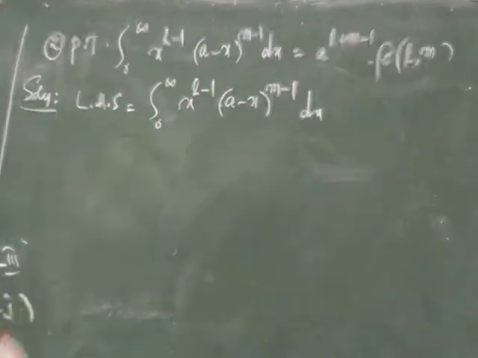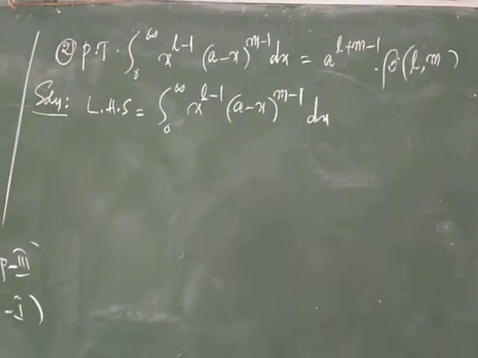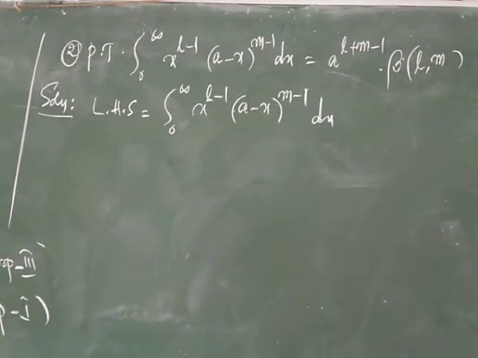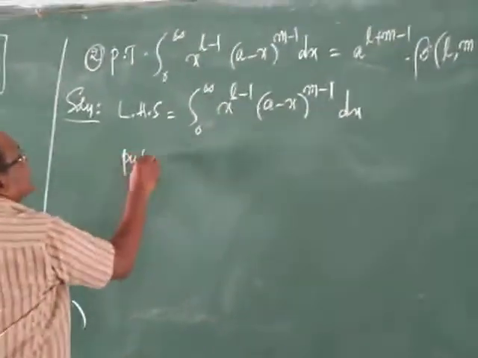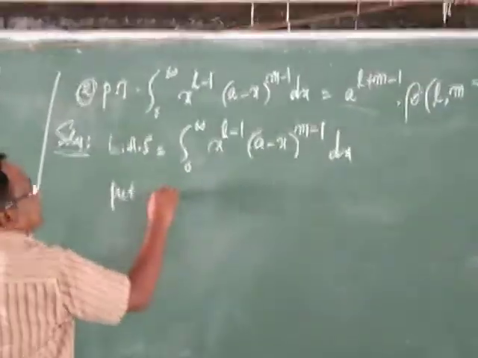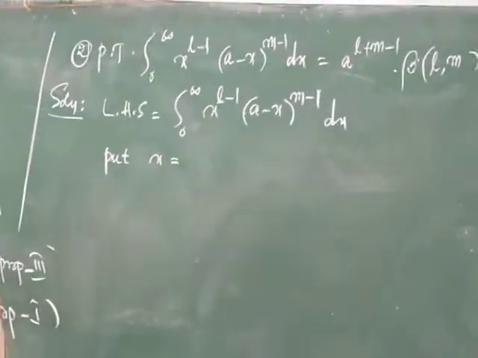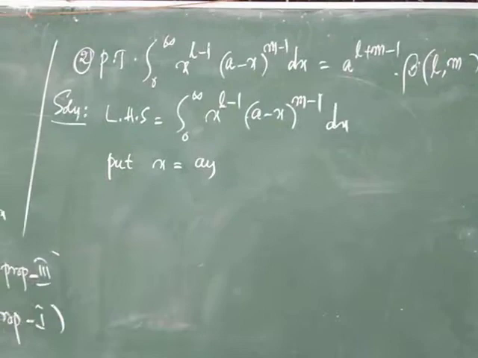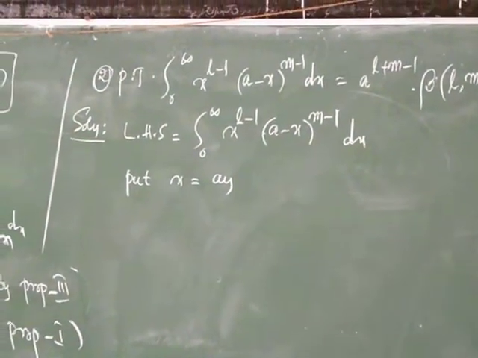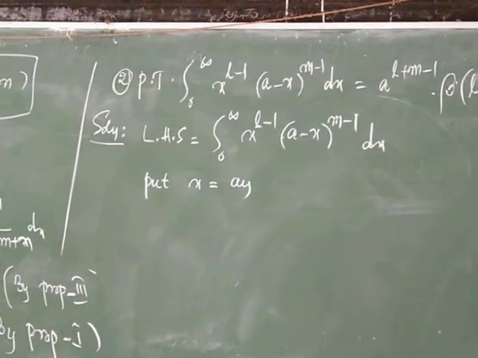And I wanted to show that it is equal to a to the power l plus m minus 1 into beta(l, m). For that, you make use of this substitution. Put x is equal to a y, where y is another variable.